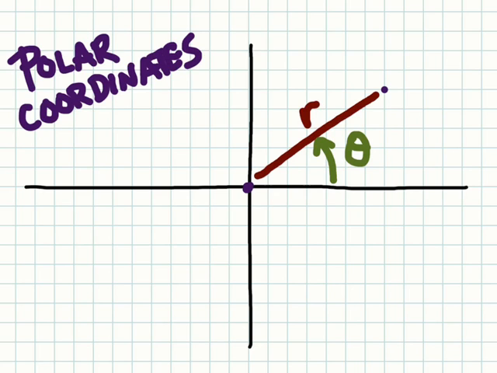And we take that reference direction to be the positive x-axis, and we always measure counterclockwise. So the 2 bits of data r and theta serve as an address for the point. And so we would say that the polar coordinates are r comma theta.